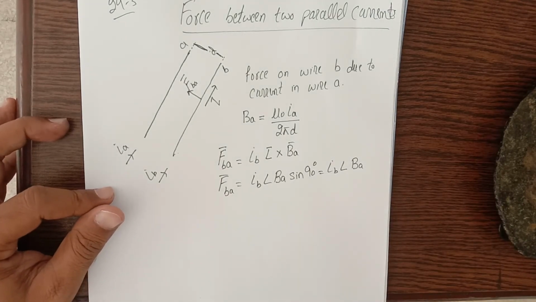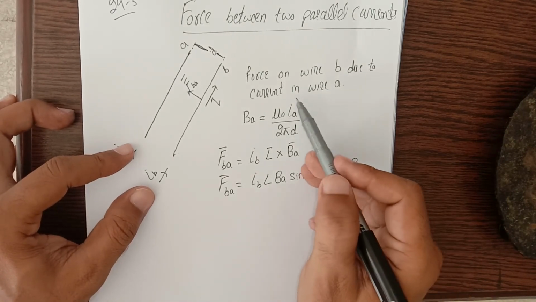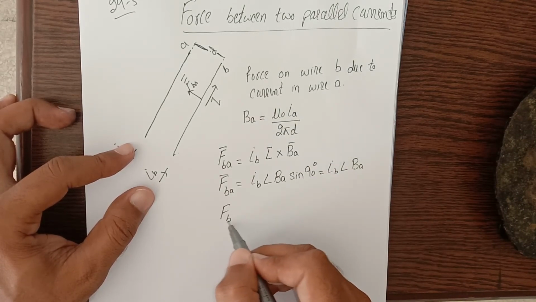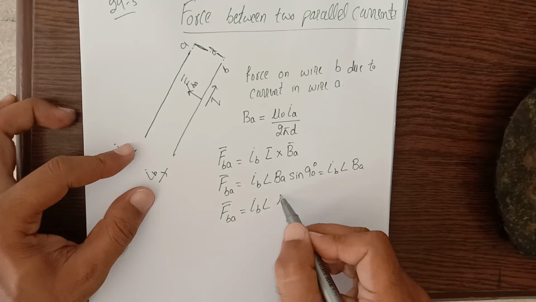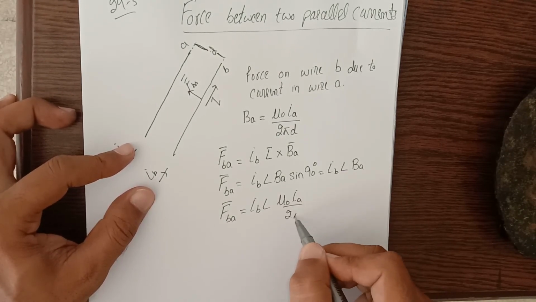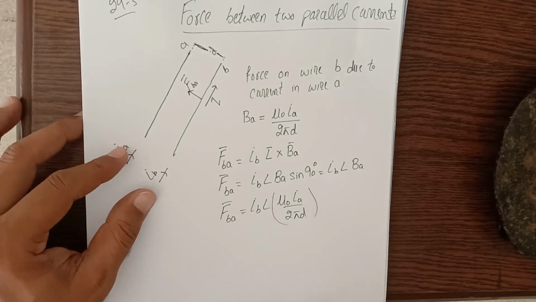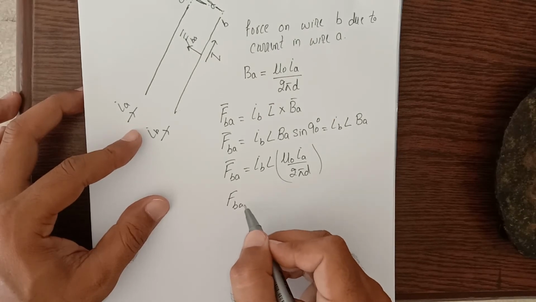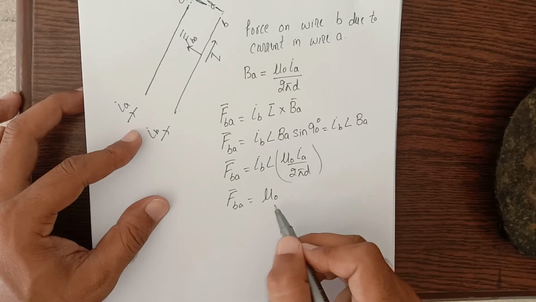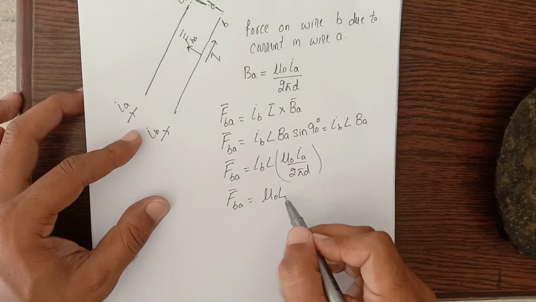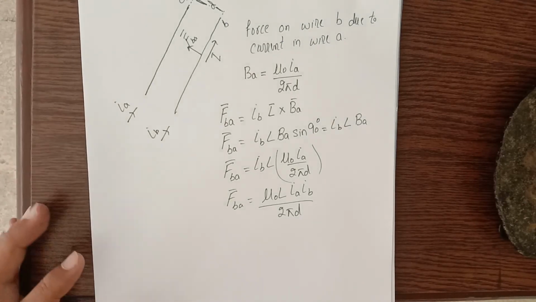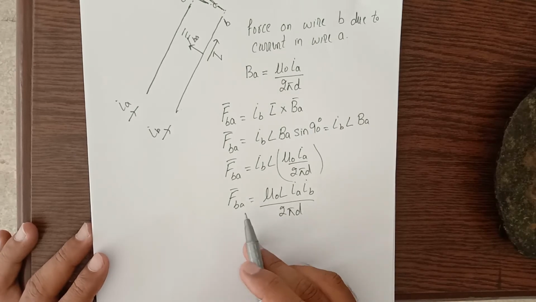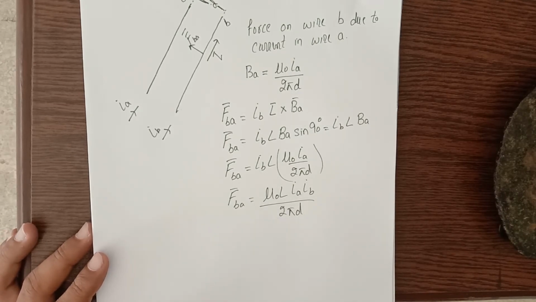Now if I substitute the value of BA from this equation, I would get the force on wire B due to wire A: IB L, and BA is mu naught IA over 2 pi D, and this force is mu naught L IA IB over 2 pi D. This is my force at wire B due to wire A, and you can see that it is equal to the product of the currents.